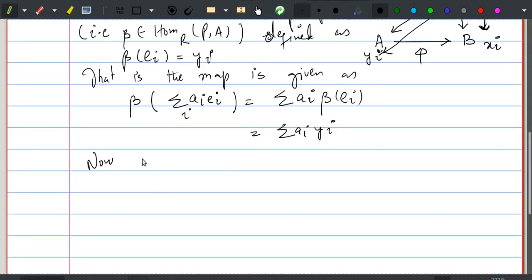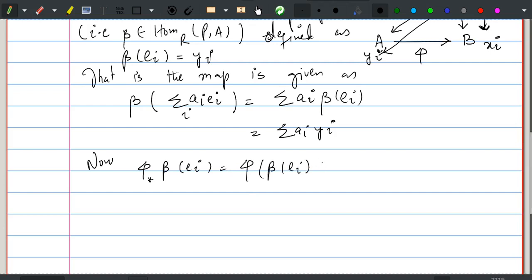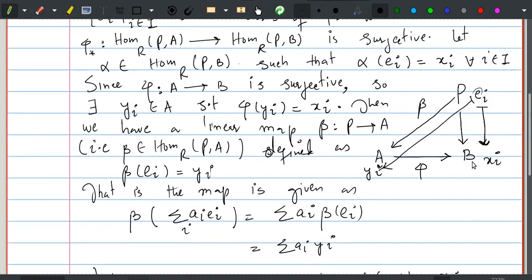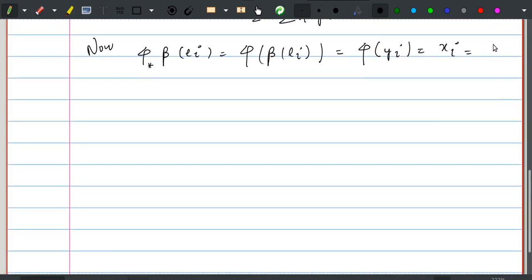Now phi star of beta at e_i is phi of beta of e_i, which is phi of y_i, which is x_i, and x_i is here given as alpha of e_i.